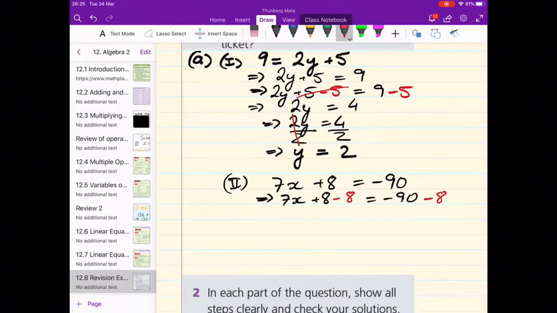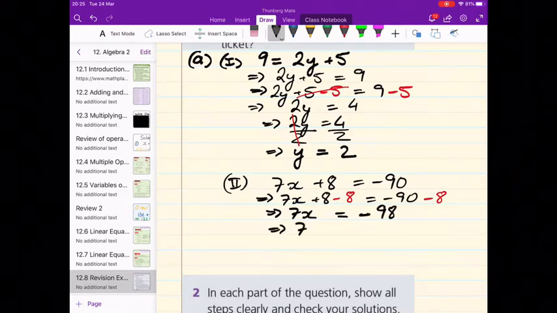So this positive 8, we'll have to subtract 8 from that. If we do that, we'll have to subtract 8 from the other side as well. Then we'll be left with 7x is equal to negative 90, take away another 8, we'll be left with minus 98. So then we'll have 7x is equal to negative 98.